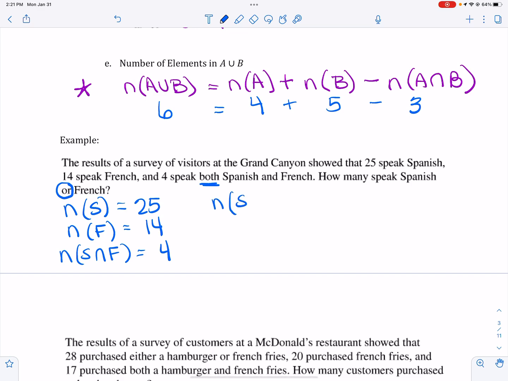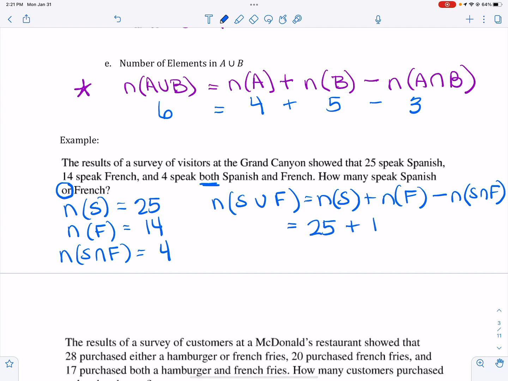So the number of Spanish or French is the number of Spanish plus the number of French minus the number of both. So as I do this, I have 25 plus 14 minus 4, and that should be 35.